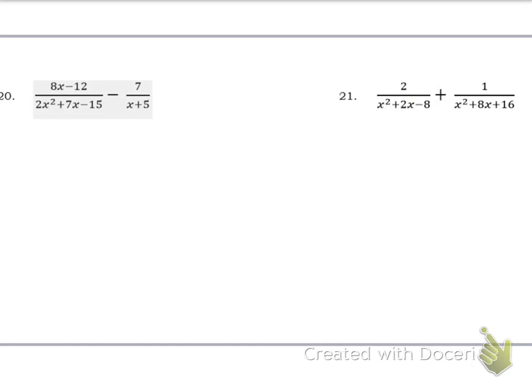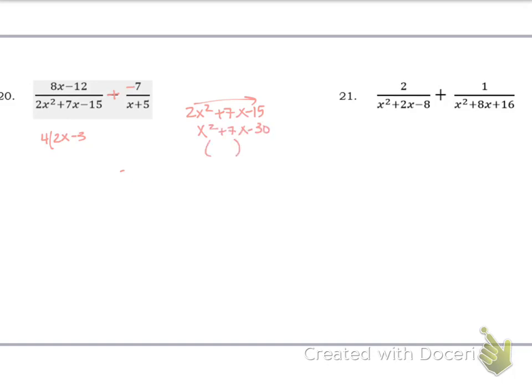Okay, we're going to bump this negative, bump, bump. Looks like we got a 4 in common up here, so I'm going to take a 4 out and get 2x minus 3. Okay, my 2x squared plus 7x minus 15. We're sending that 2 back. I get x squared plus 7x minus 30.